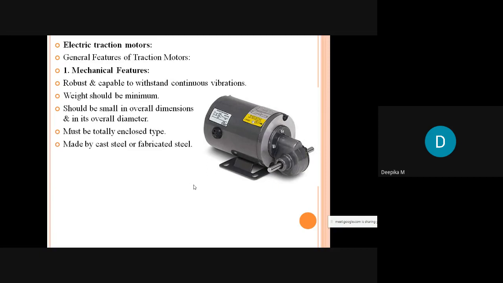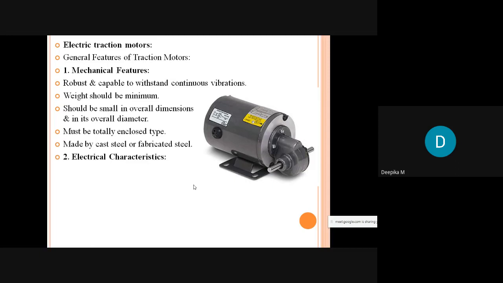Next, it is usually made of cast steel or fabricated steel, because steel has enough strength to withstand the payload capacity. So these are some of the mechanical features we are going to consider while selecting the motors for the traction system.